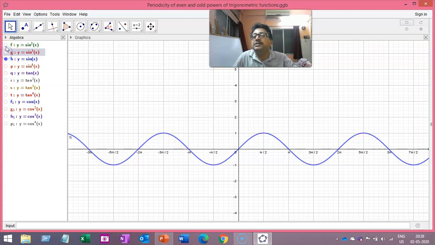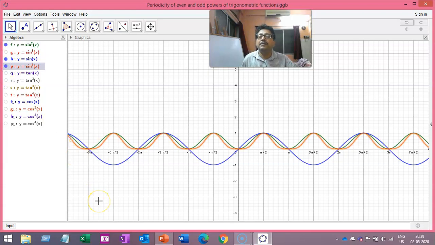I am taking these three, that you will find better. See, all of them have even power. They are passing through the same points: sin x, sin square x, sin to the power 4x. If sin x has period 2 pi, they all have period pi only. This is sin x, blue one, period 2 pi. This green one is sin square x, period is pi.